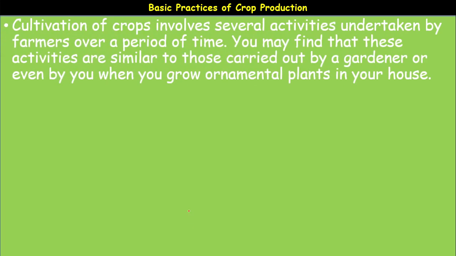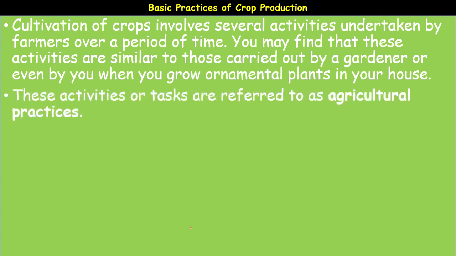Okay. The cultivation of crops involves several activities undertaken by the farmers over a period of time. You may find that these activities are similar to those carried out by a gardener or even by you when you grow ornamental plants in your house.